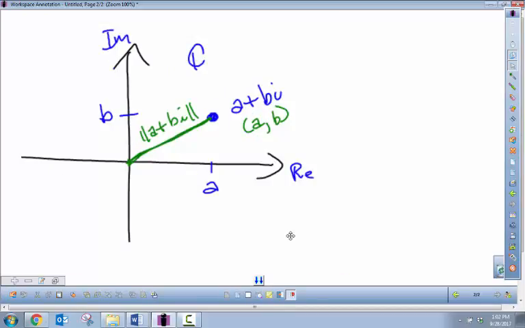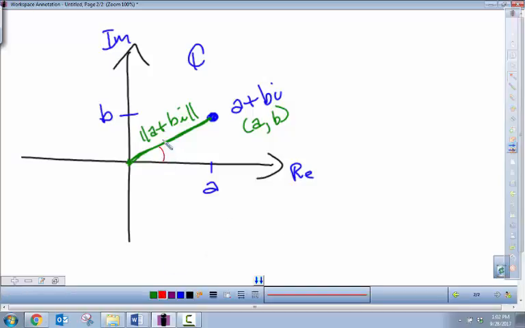So if we focus on this portion or this graph, we could take a look at a variety of things. We can go a little bit into the trigonometry and see if we can express this as a trigonometric function.